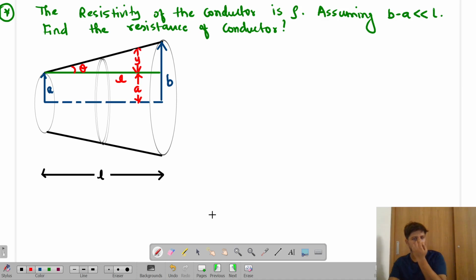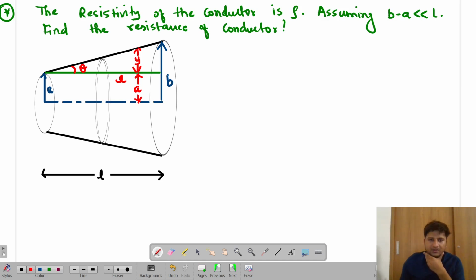Is that clear or not? Similarly, I can have another region, but if I calculate for this region, I can multiply by 2 and I'll get the net answer or not. Basically, I'll multiply by 2. Is that true?